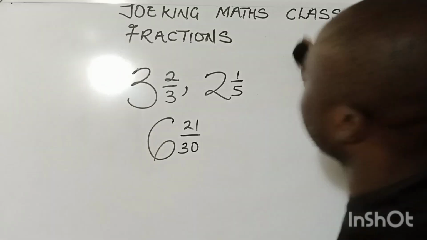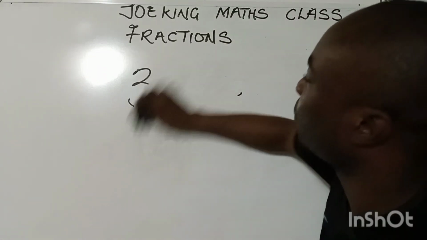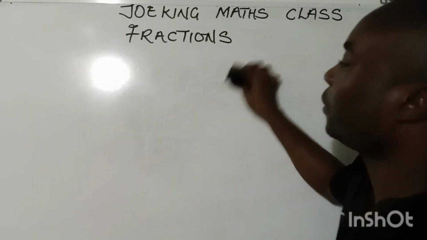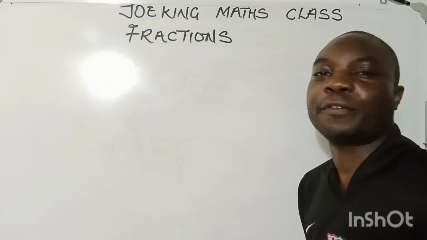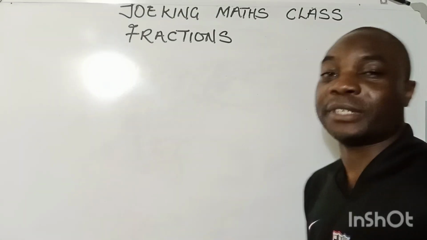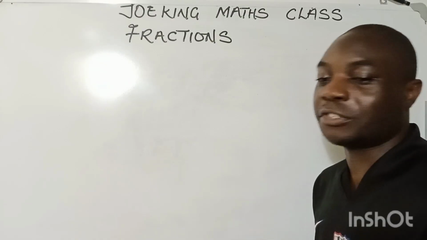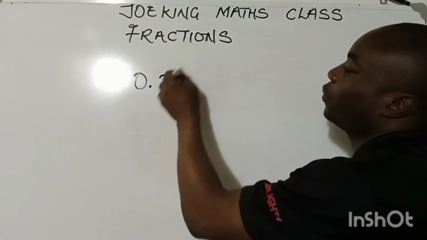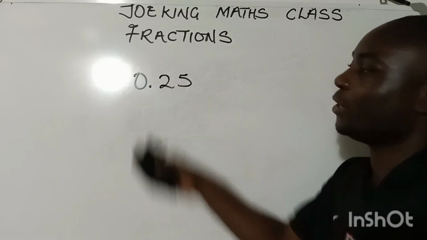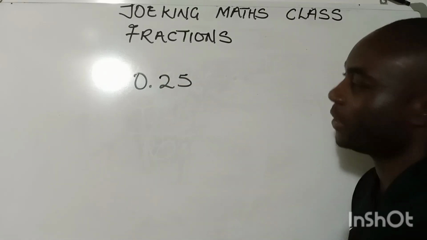These are mixed numbers. So the next thing I'm going to educate you on fraction is what we call decimal fractions. All right. Decimal fractions can also be said to be decimal numbers that can be changed to fractions. Take, for instance, we have 0.25. This can be said to be a decimal fraction or a decimal number.